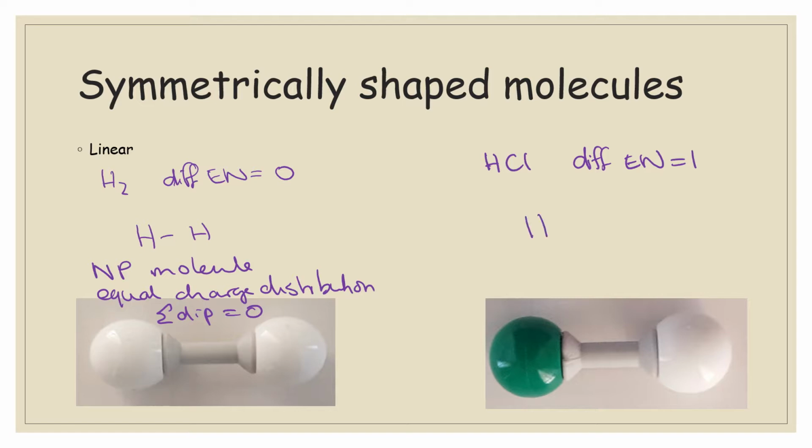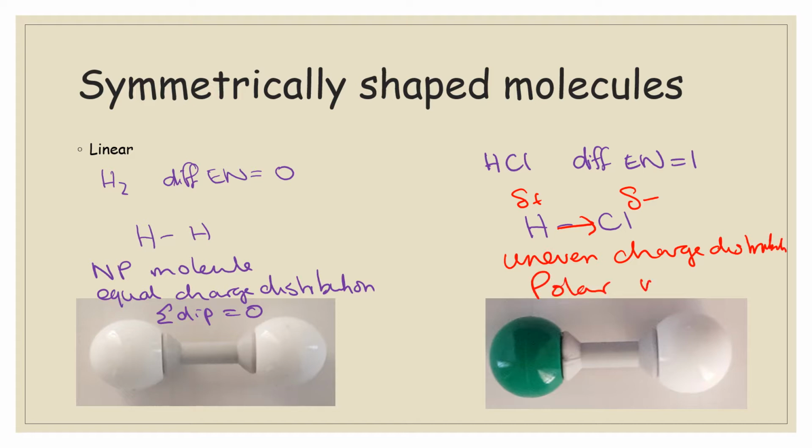Now what you've got here is chlorine is more electronegative than hydrogen, so that means the electrons are being pulled towards chlorine, giving it a negative dipole, and the hydrogen a positive dipole. So the sum of the dipoles is not equal to 0 here. It has an uneven charge distribution. So it is a polar molecule.